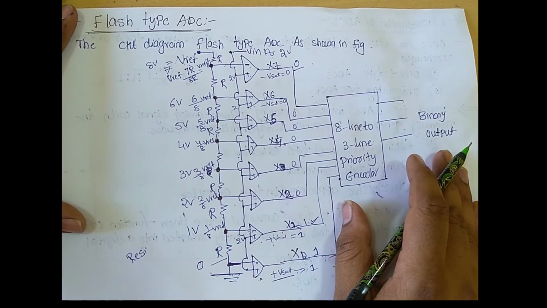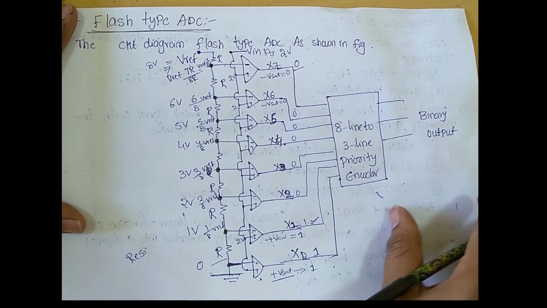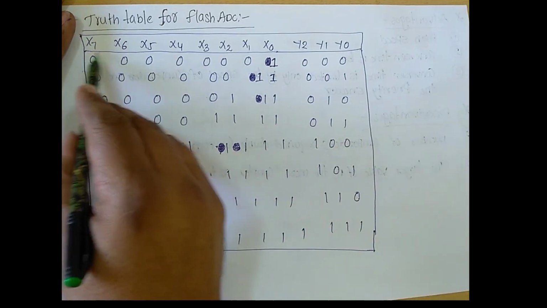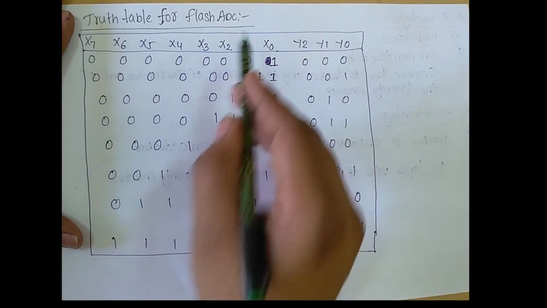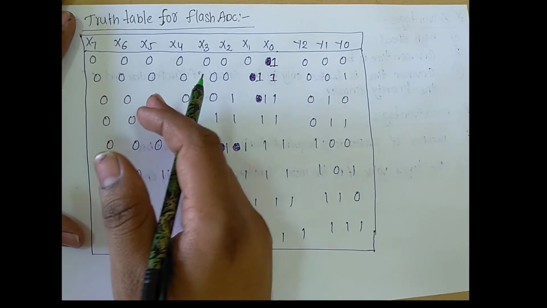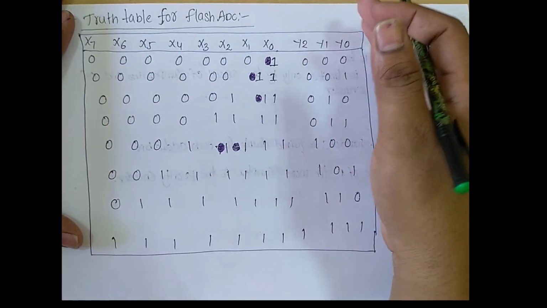Okay, and now we are observing the truth table of this flash type ADC. This is the truth table of the flash type ADC, and these are the outputs of the comparators, and these outputs are given to the input of the priority encoder. This priority encoder encodes this information into digital form.